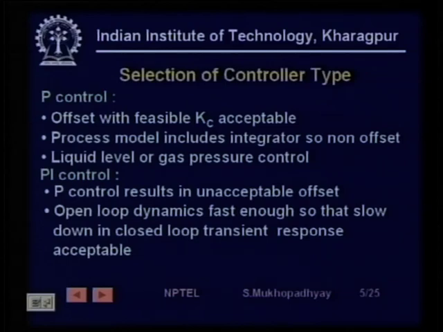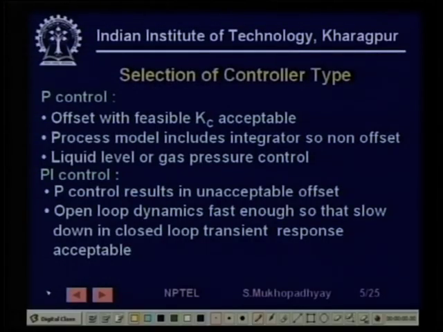Now, as we have seen, what generally happens in PI control is that the loop stabilizes because of the I action. The loop generally tends to oscillate and it takes some time to settle. So, in that sense the loop becomes a little sluggish.